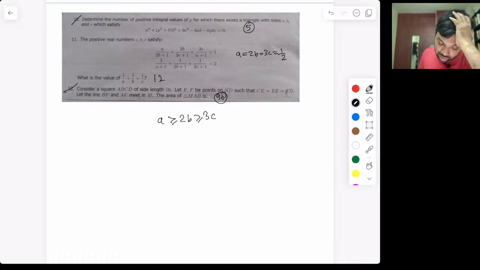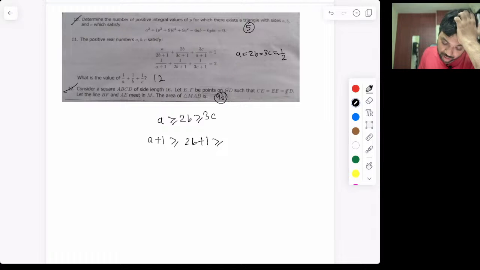So if you choose a to be greater than or equal to 3c, then I think you can do rearrangement inequality.